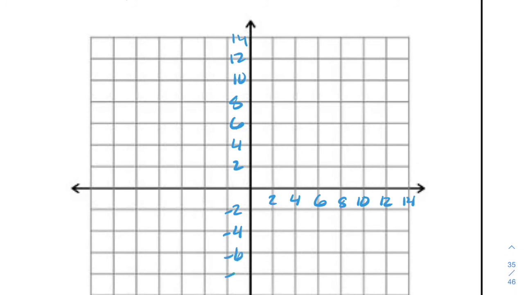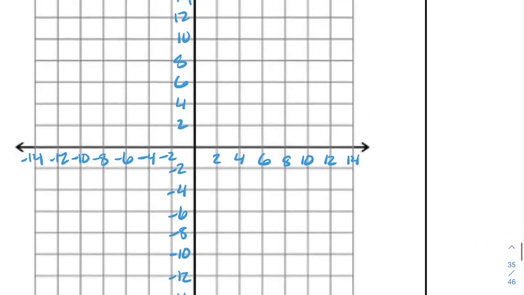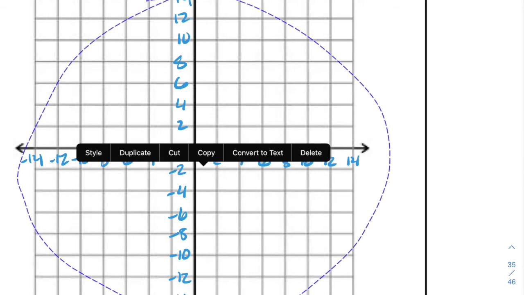I'm just going to label these. Hopefully it's enough. If not, we'll do our best to fit this on here. And I love copy paste. I'm going to just copy this over to my other one.